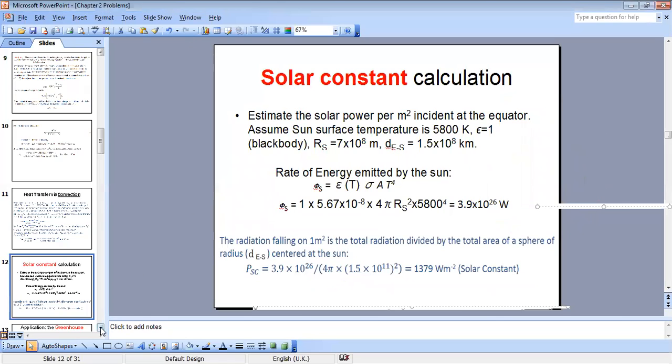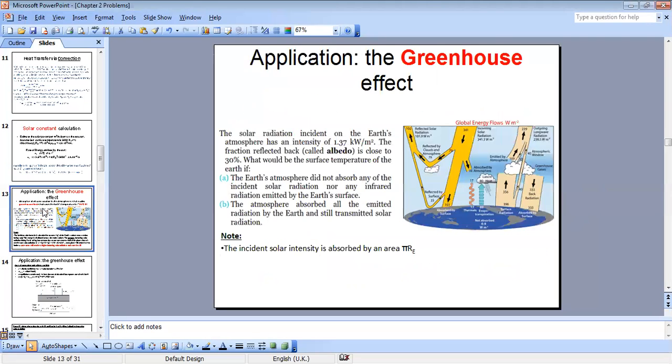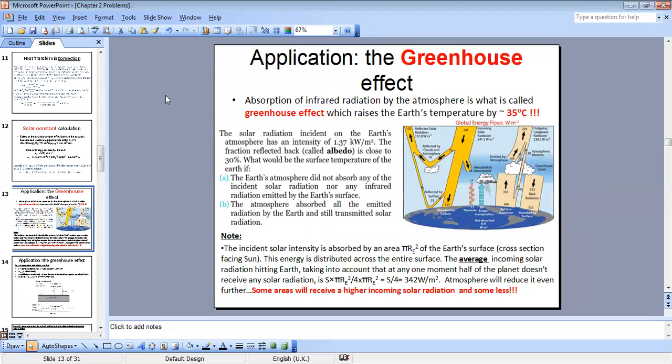Now, let us apply what we have seen in this problem. We will apply it to understand, in calculation, what the greenhouse effect is. If you remember, we said that the greenhouse effect is due to the absorption of infrared radiation by the atmosphere. And this can cause a raise of the Earth's temperature by nearly 35 degrees.